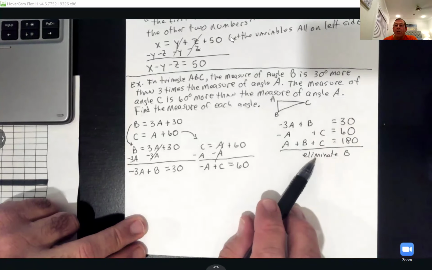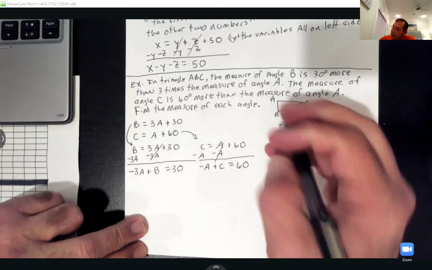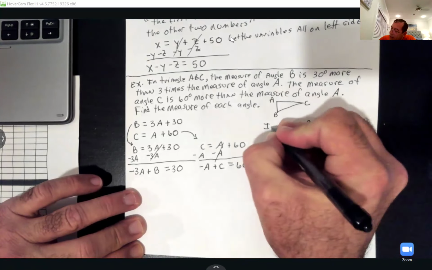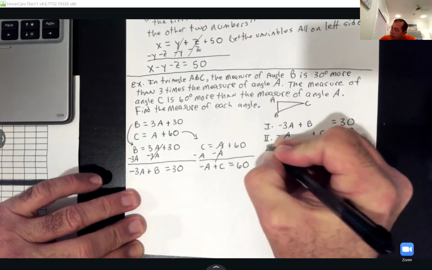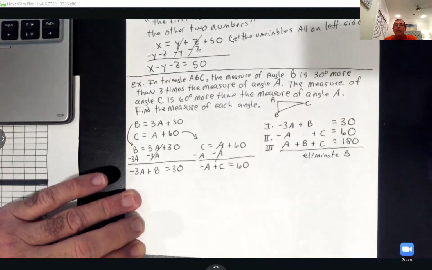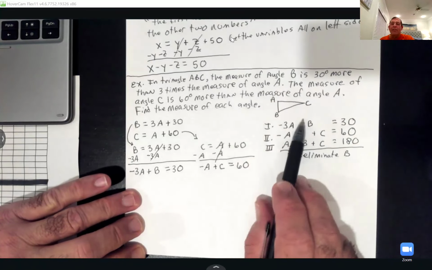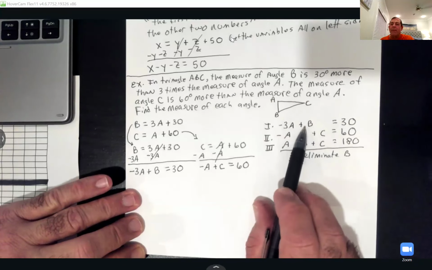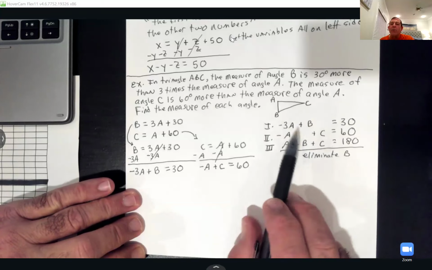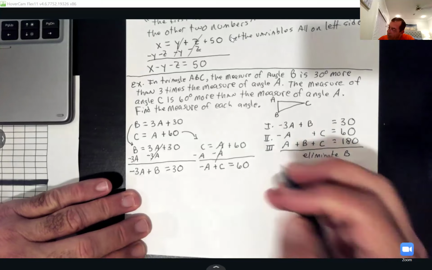All right. So to start eliminating that B, I'm going to add this first equation. So let me write my equations 1, 2, and 3. So to eliminate a B, I'm going to have to change the sign of one of these B's because they're both positive. So what I'm going to do is multiply this first equation by negative 1.